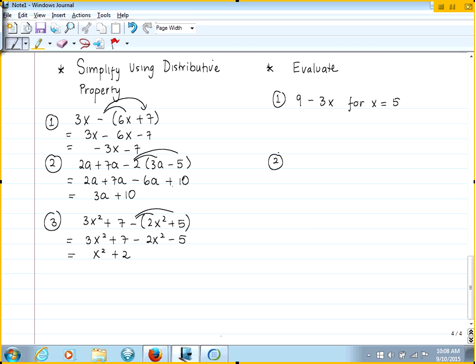Number 2. 3 plus x cubed for x equals negative 2. Okay, after this I'm done. After this, I am done.